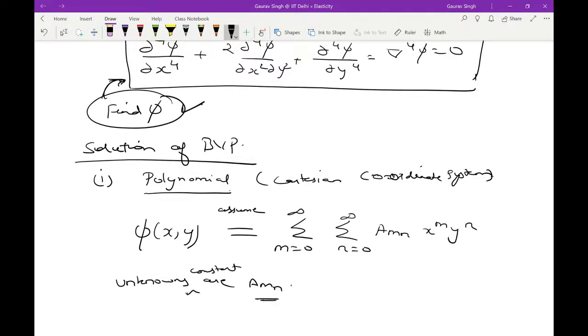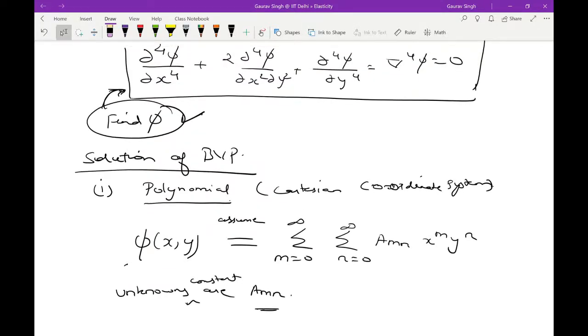If you somehow know all the amn's, a00, a01, a10, a21 and so on until infinity, then you can find out phi, because x and y are just the variables. And once you have phi, you will just put it in the relationship for stress, and then you will find the value of sigma x and sigma y.